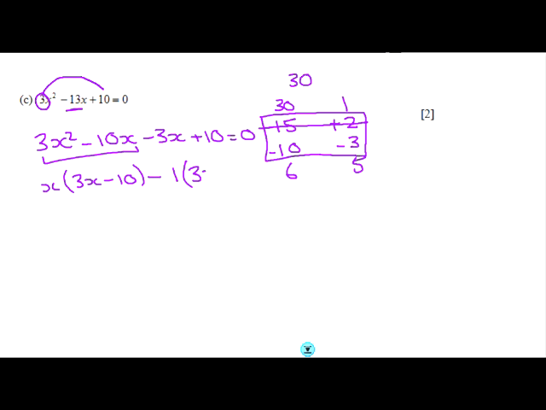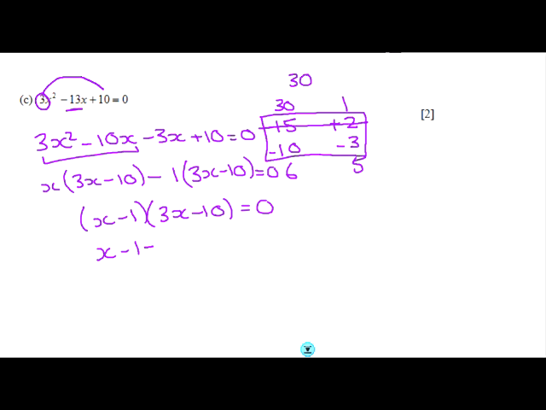And you'll see that if I write the exact same bracket, minus 1 times 3x is minus 3x, and minus 1 times negative 10 is a positive 10. So it works. So we have x minus 1, the outside terms, our first bracket, and 3x minus 10 is our second bracket.